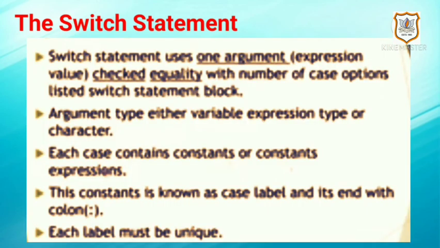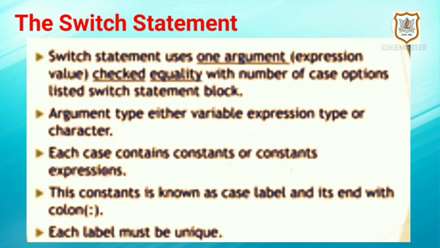Following are important points related to switch statement. The switch statement uses one argument with number of case options listed inside the switch statement block. Argument type is either variable, expression type or character. Each case contains constant or constant expression.